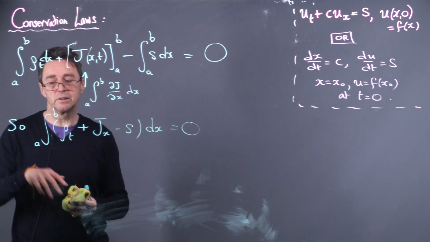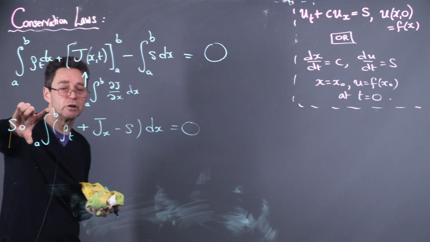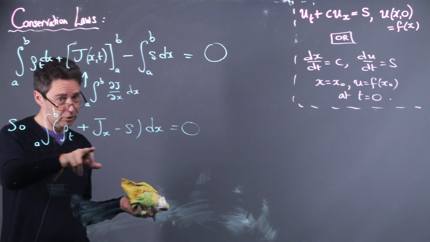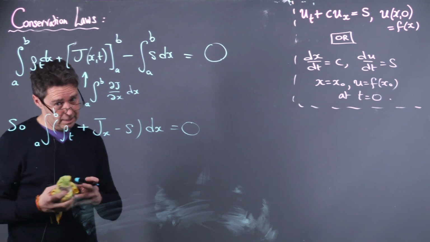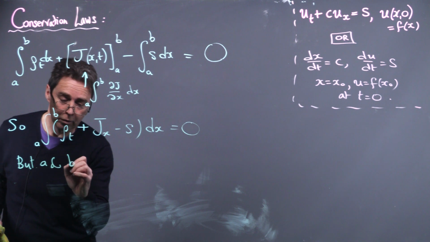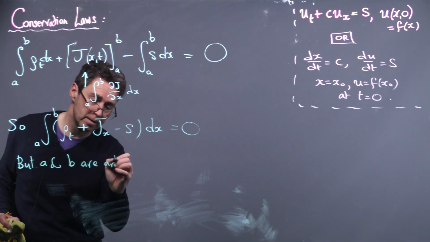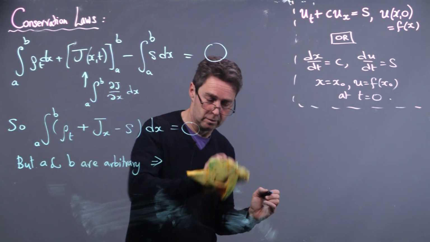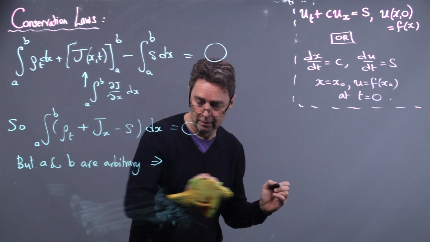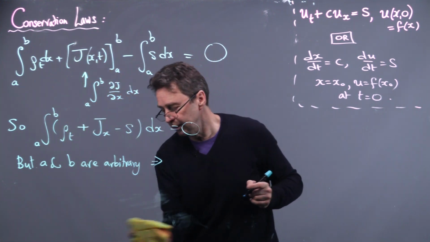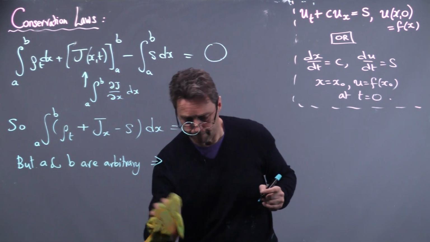Now here's the argument. Since a and b were totally arbitrary, this has to be true for any old endpoints. And the only way I'm going to get that to be true is if the integrand itself is 0. Another way of saying it would be to say, okay, let's take a and b to be arbitrarily close to one another.